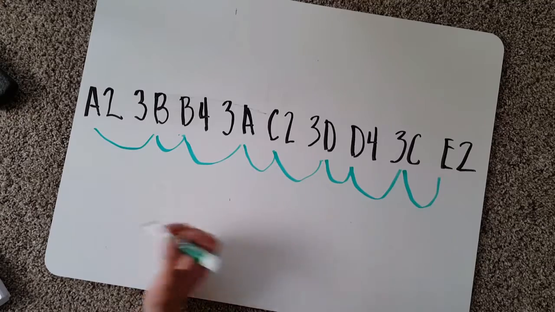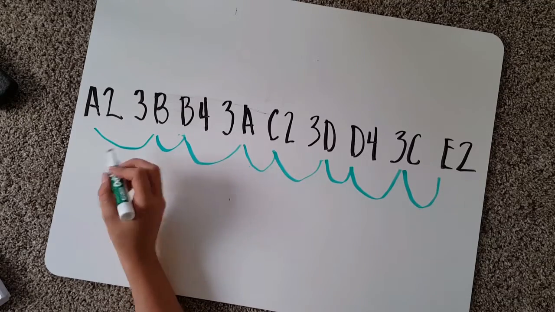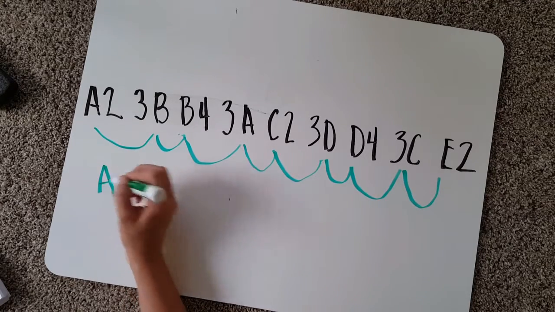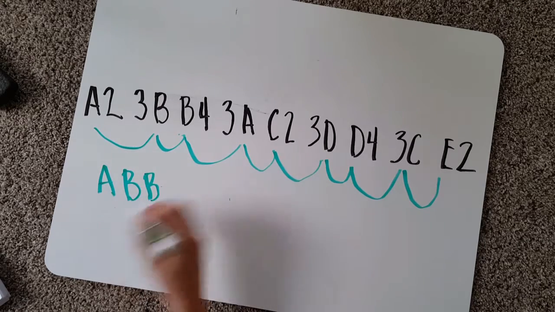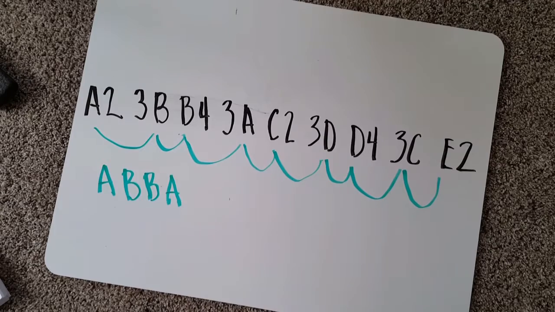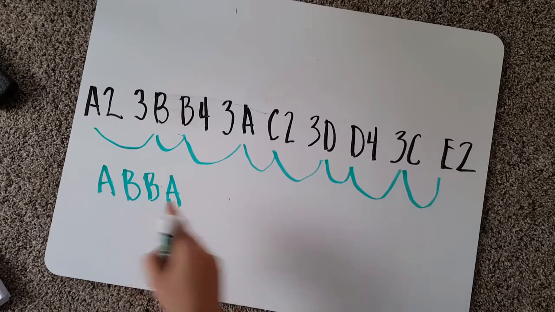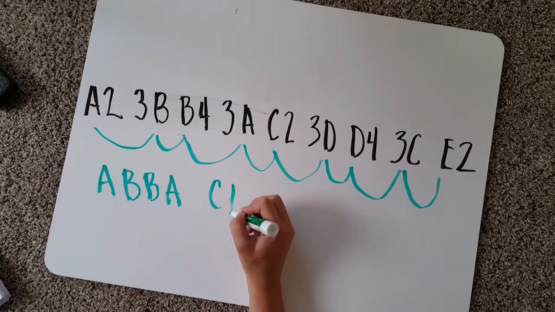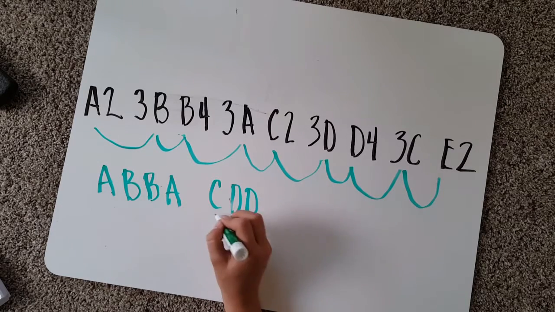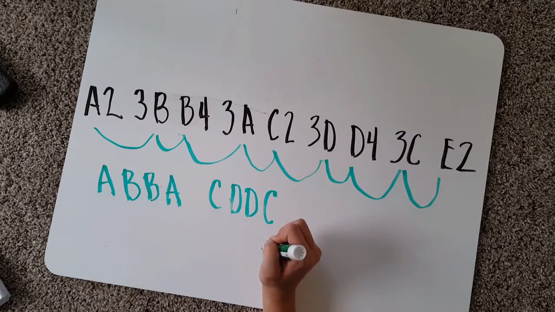So my first idea was that maybe the pattern is you do one single, one double, and then you repeat that one that you did a single for. And then you do the next one, because we've already done A and B, now we do C, and the next one after that we do double, and then we repeat our single.